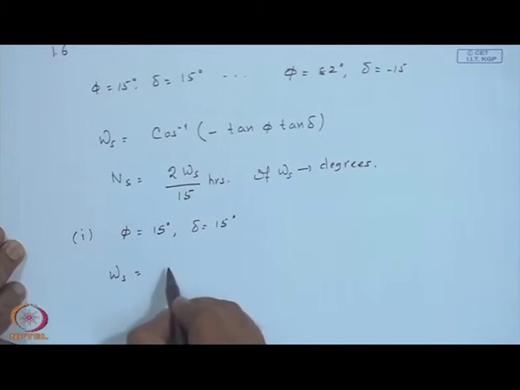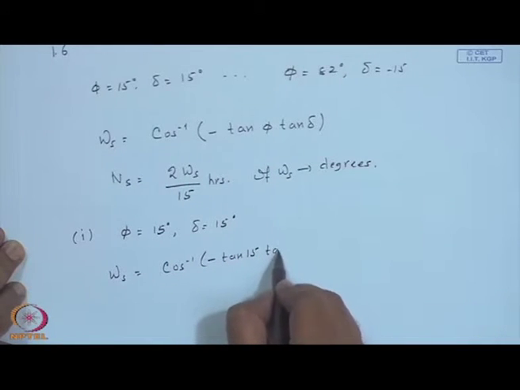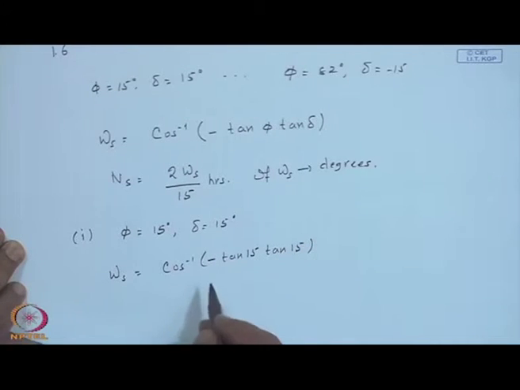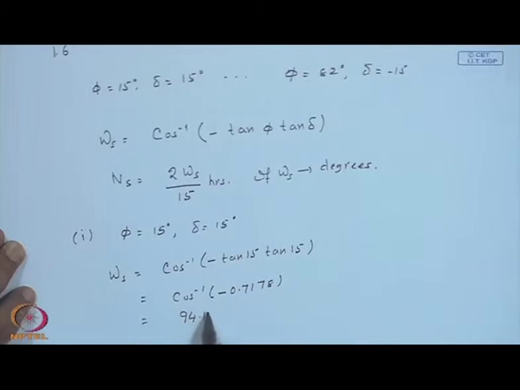Omega s is cosine inverse of minus tan phi, which is 15, and tan delta, which is also 15. So, this will be equal to cosine inverse of minus 0.07178, which will be 94.11.